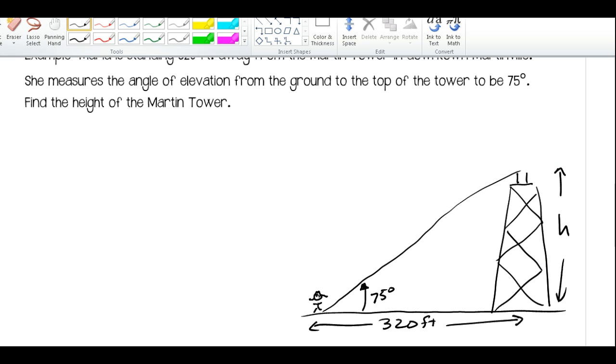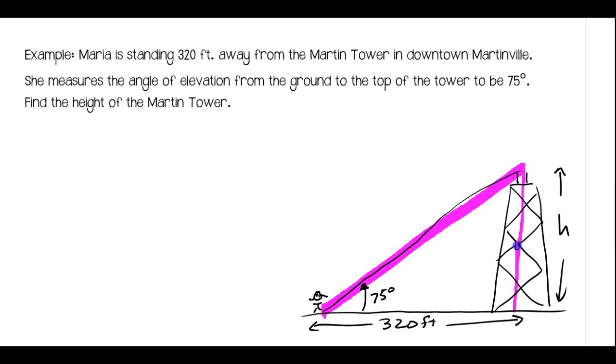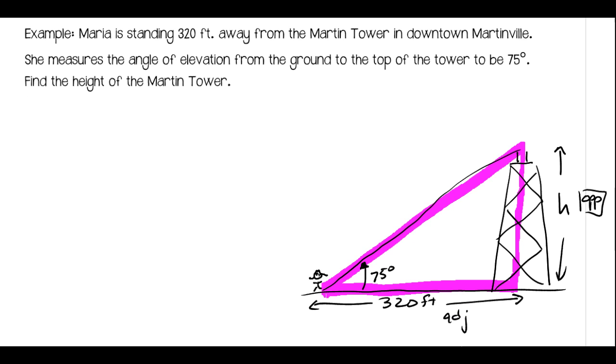So basically what we're looking at here is a right triangle. So this would be the hypotenuse, and then we've got a leg here, which would be the height, and we've got another leg here, which is the distance that she is from the tower. And we want to find that leg. So just an application of right triangle trig. I've got the opposite side here. I've got the adjacent side here. And I know that the tangent uses opposite and adjacent.